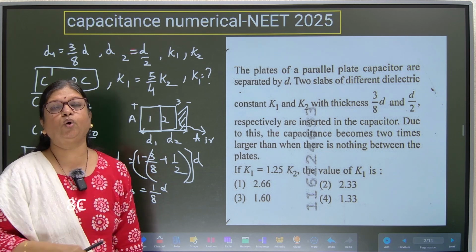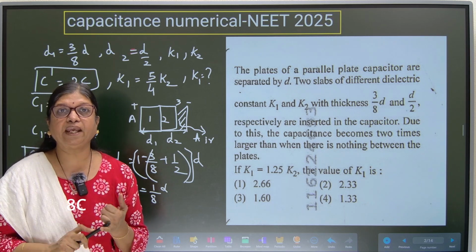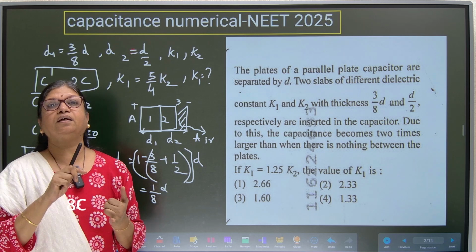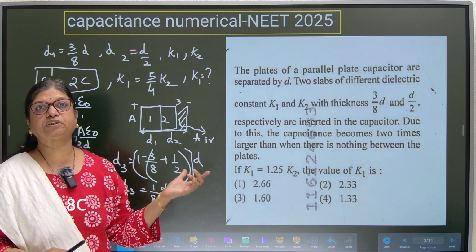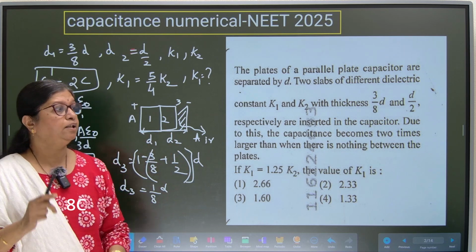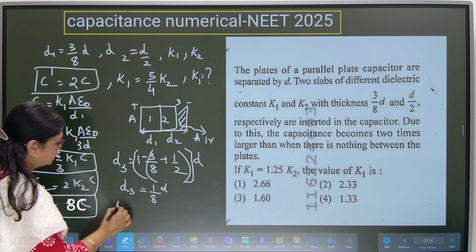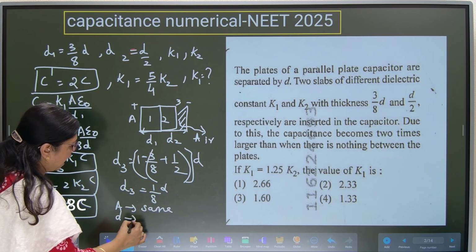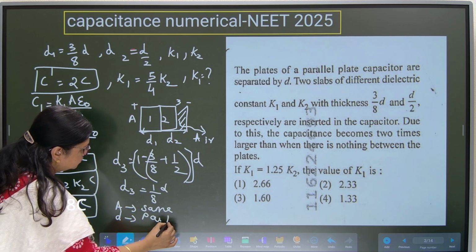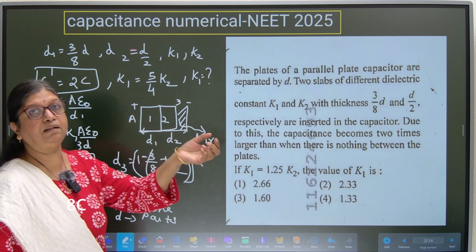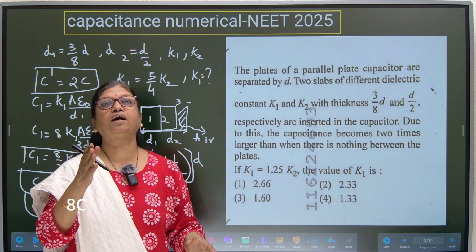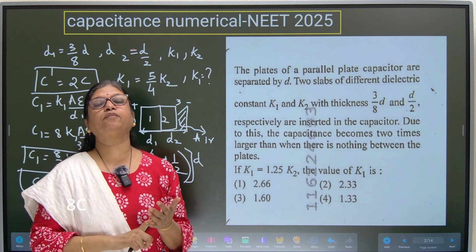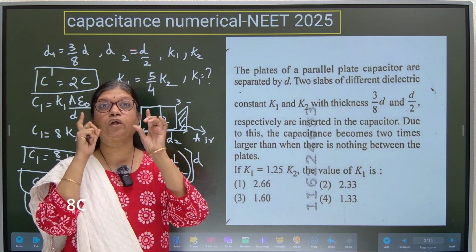In my video, I have made you understand how to identify whether slabs are in series or parallel. So A is the same, d is in parts. So these 3 portions are in series.